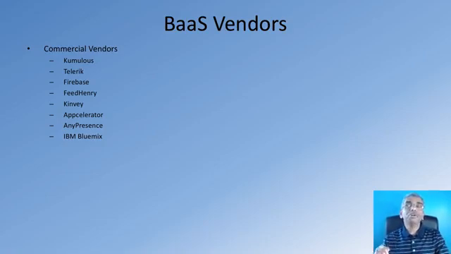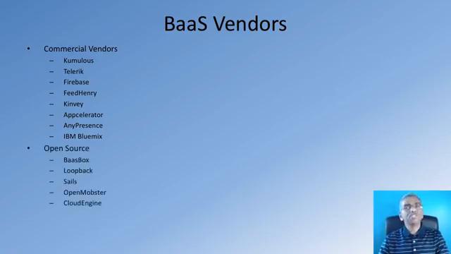In particular, I'm going to concentrate on Firebase, which is provided by Google. In this lesson, and in the exercises that follow, we'll explore how to make use of Firebase in a little bit of detail. Now, if you want to go with an open source provider, there are plenty of open source alternatives that are available for us.